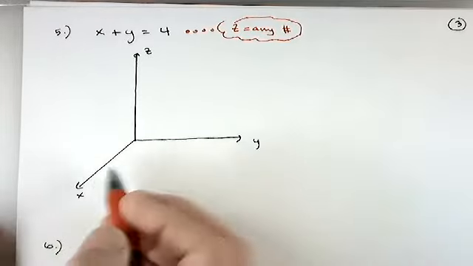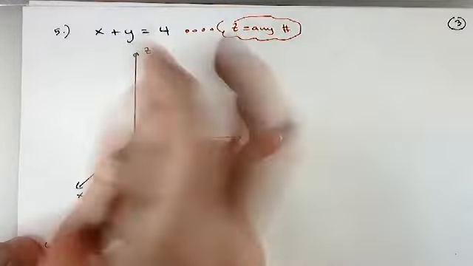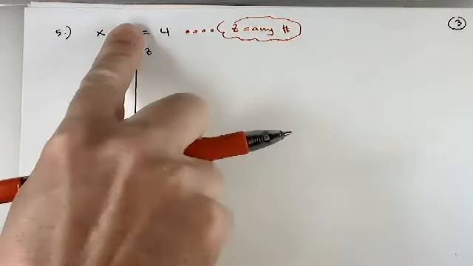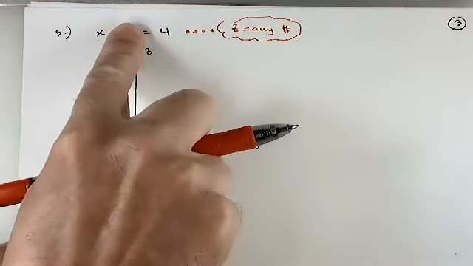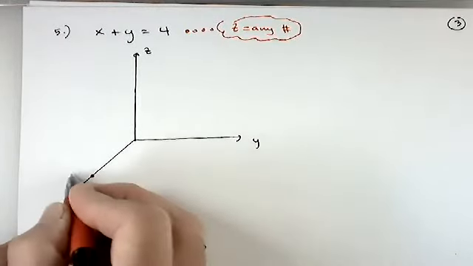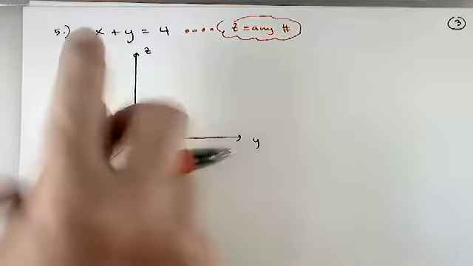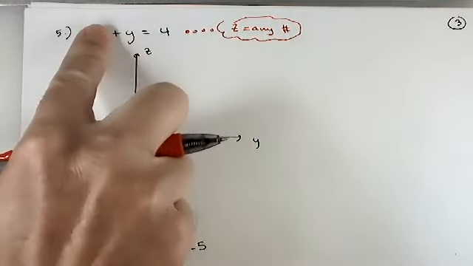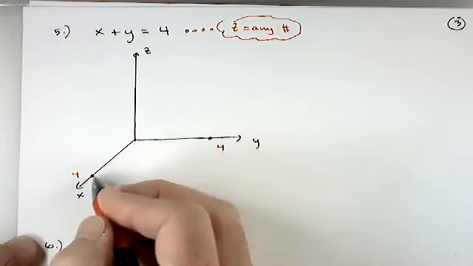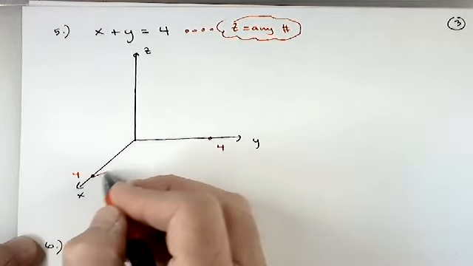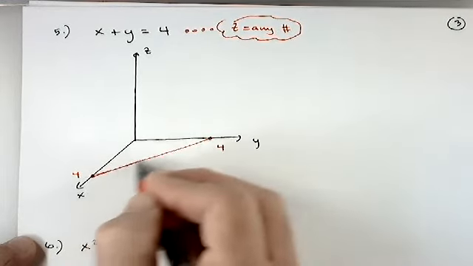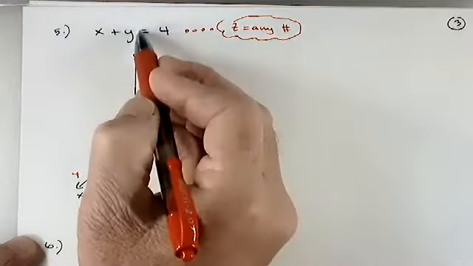And so how I can imagine this graph is just like if I was graphing lines, I could find my x-intercept, for example: when y is 0, x is 4. So I know it hits the x-axis at 4. When x is 0, y is 4. I know that any point along this line in the xy plane satisfies that, right?